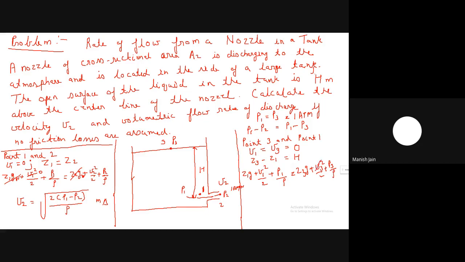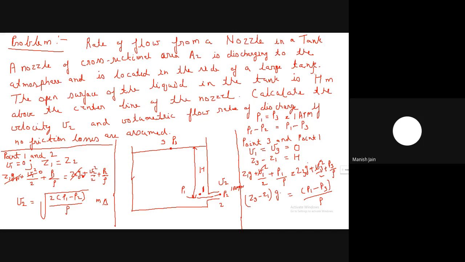So V3 and V1 will be cancelled out because both are 0. Now just rearrange this equation. You will get (Z3 minus Z1) g equal to P1 minus P3 divided by rho.